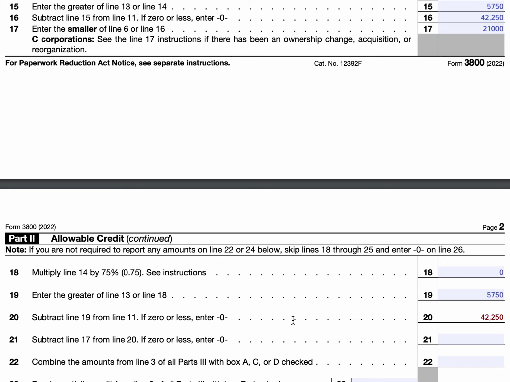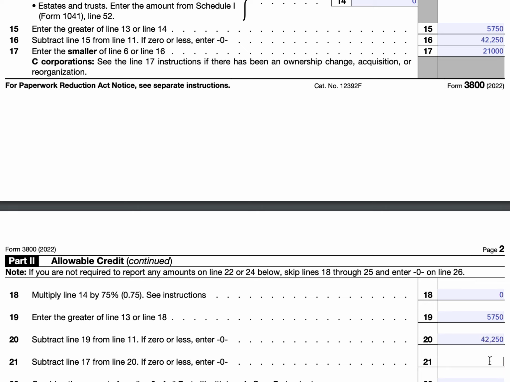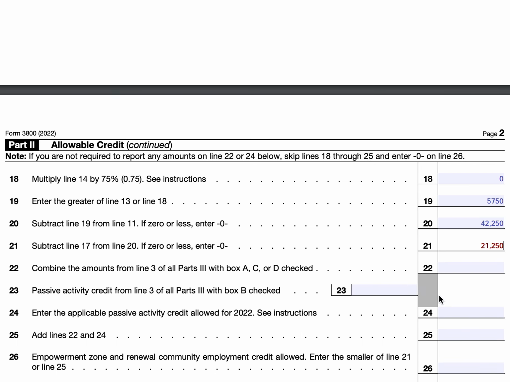You'll subtract line 17 from line 20 here. If that number is less than 0, then you would enter 0, but in this case, it would be 21,250. Okay, so now you're going to combine the amounts from line 3 of all parts 3 with box A, C, or D checked. Those are the general business credits for the current tax year, carry forwards, and carry backs.